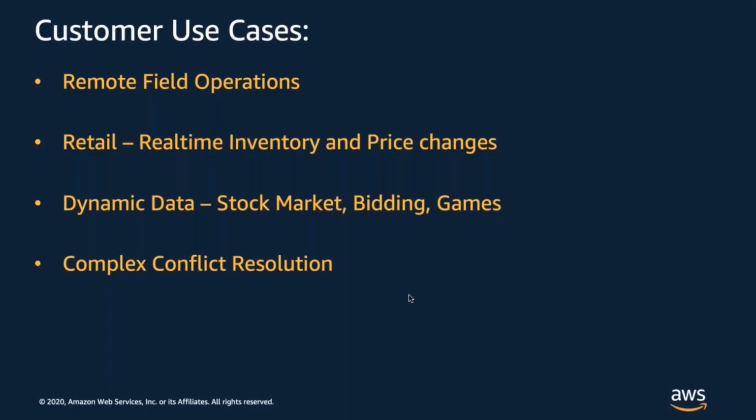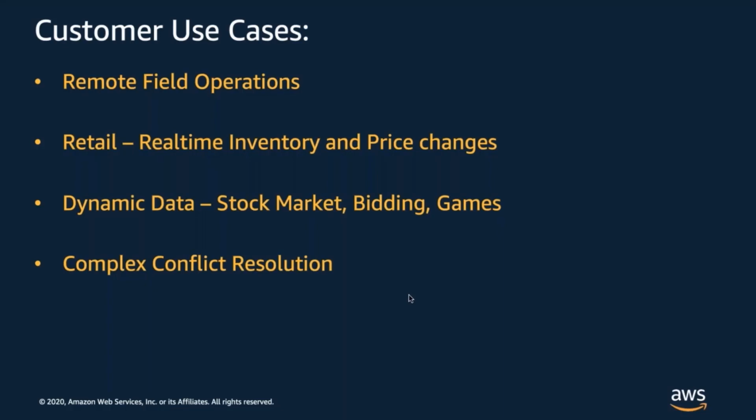Another thing is the real-time notifications are useful for price changes, right? If you make a change to a price in a catalog, that price should be reflected immediately through the client. We also have dynamic data scenarios where things are changing all the time. Once again, if prices on stocks change, obviously you want to be able to notify as soon as possible.